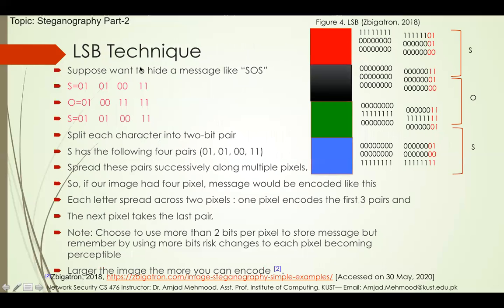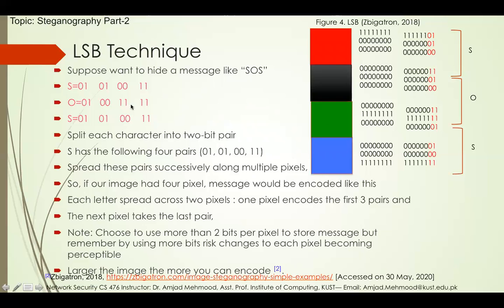For example, if the sender wants to send SOS, this is the information the sender wants to send to the receiver. What we do is convert each letter to its corresponding bits. S will be represented as 0, 1, 0, 1, 0, 0, 1, 1.